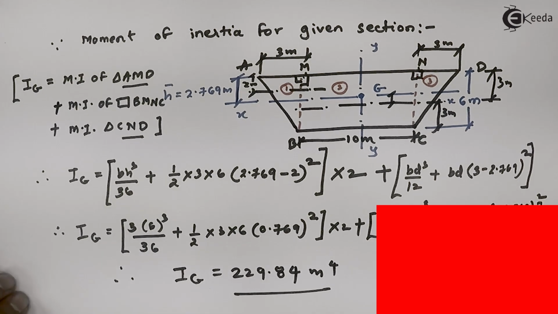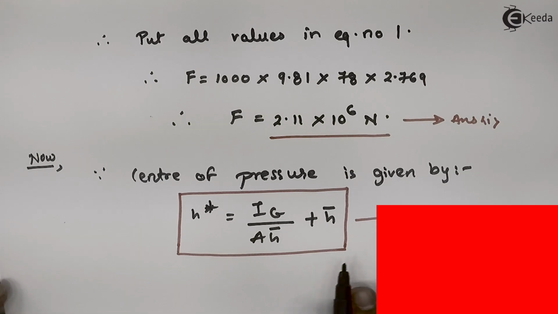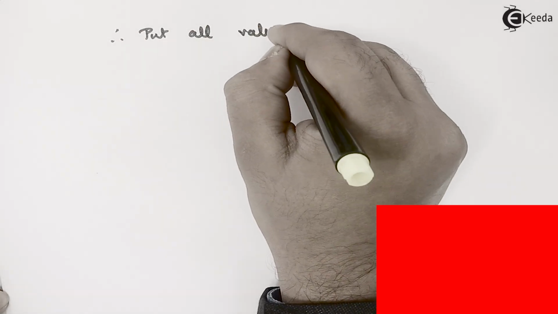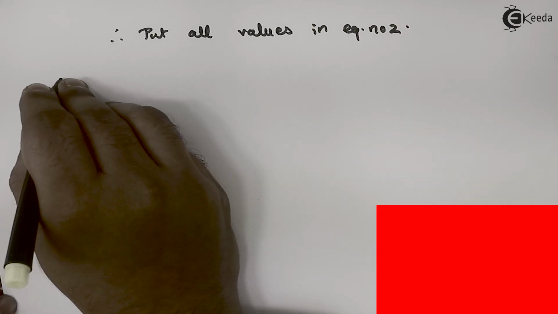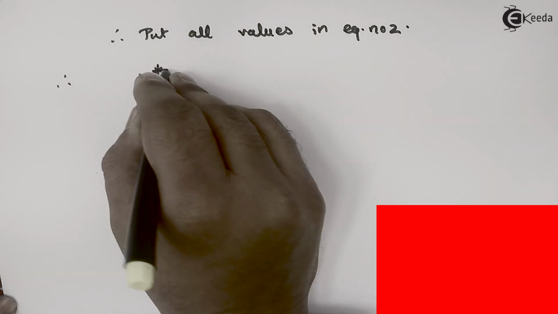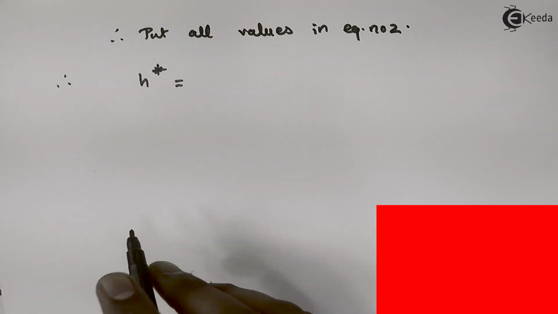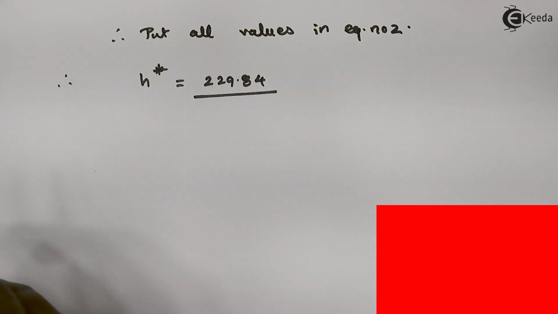Now once we get the moment of inertia, I can put all values in equation number 2. So I'll show here we have equation number 2. In this I'll put all the values. So therefore H star is equal to Ig, the value we have calculated just now, 229.84, upon A into H bar, plus H bar.